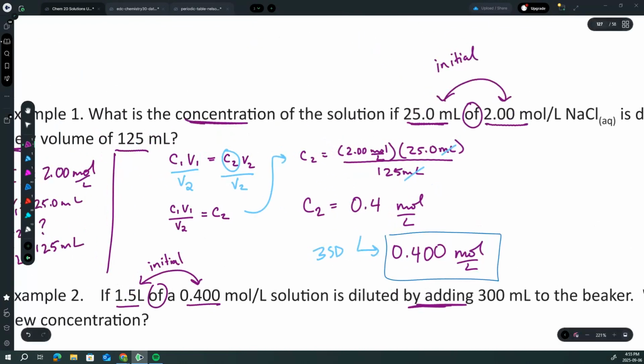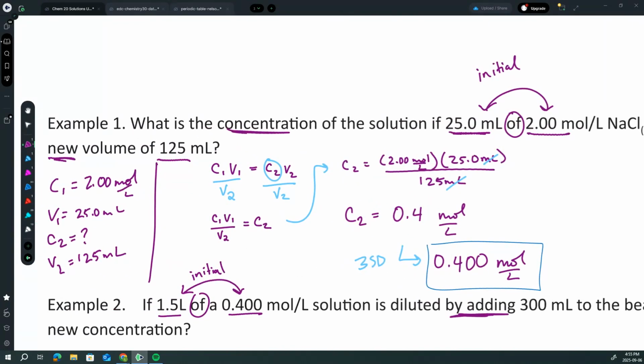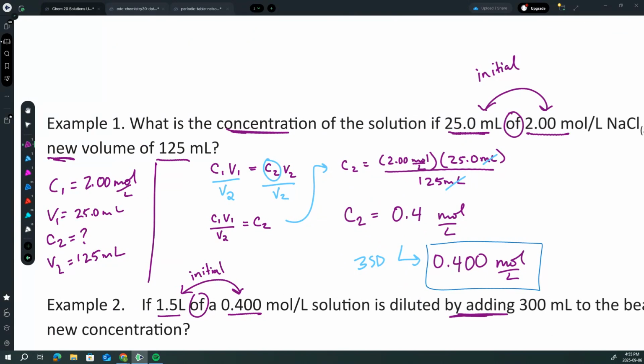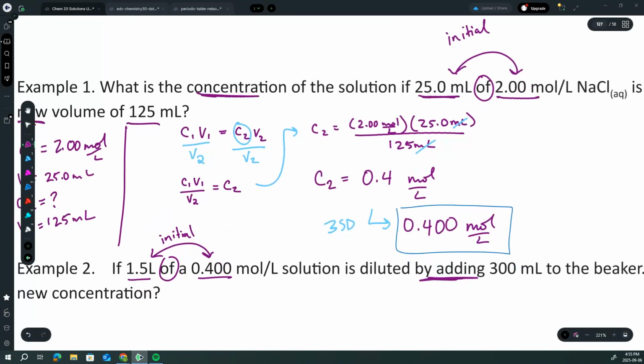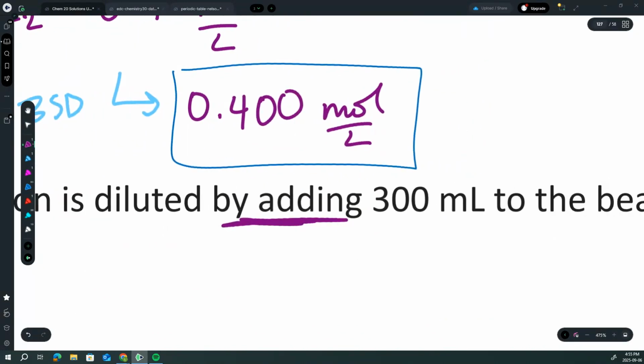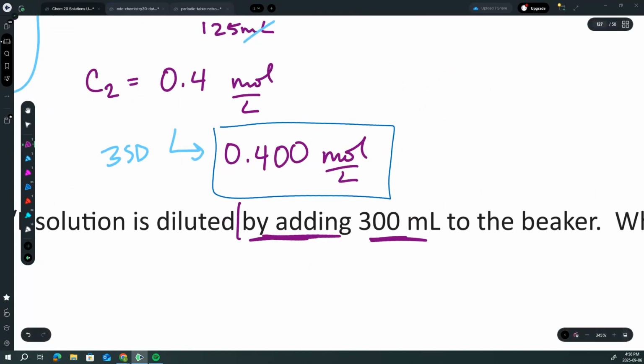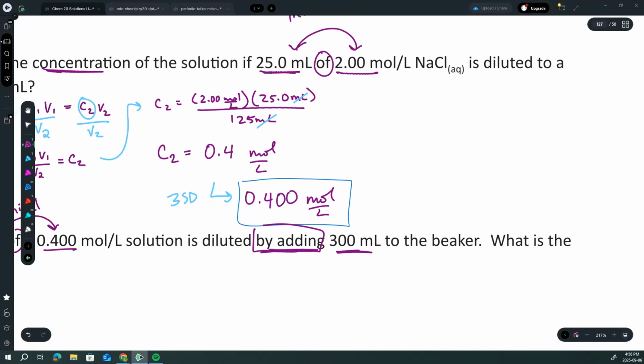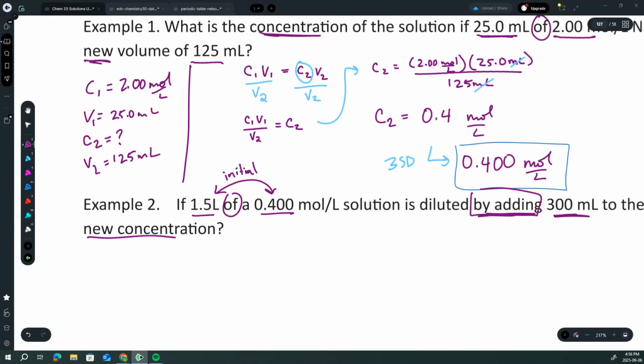It's a key difference from the previous example, because the previous example told us what our final volume was going to be. But this is saying, okay, we're adding 300 milliliters. So that is not telling us what our final volume is. It just means that we're adding in 300 to the beaker. What is the new concentration?